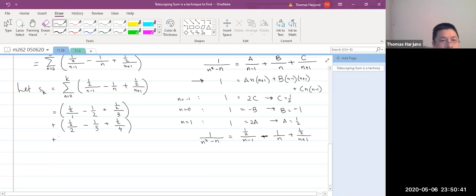And so on and so forth. That's 1/2 over 3 minus 1/4 plus 1/2 over 5, all the way to the kth term: 1/2 over K minus 1, minus 1 over K, plus 1/2 over K plus 1.